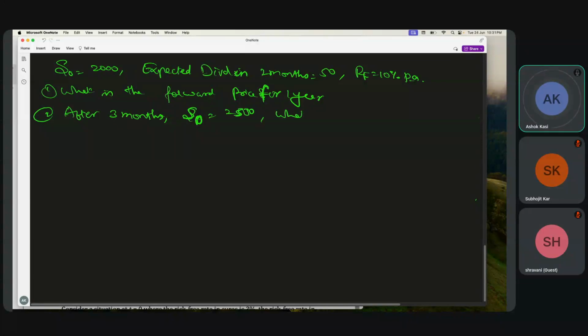What is the value? Value means profit or loss, if you are the buyer. If you are long, long means buyer.